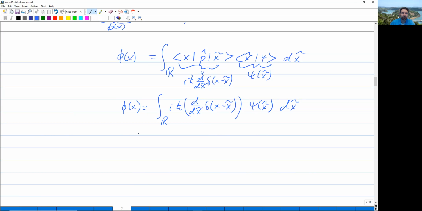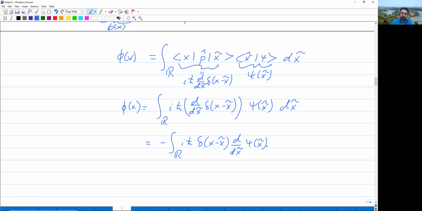Let's integrate by parts. What we obtain is that this is minus the integral i h bar, and then it's just the delta of x minus x tilde, and now we've thrown the derivative over to the other side, d by dx tilde, integration by parts, right?